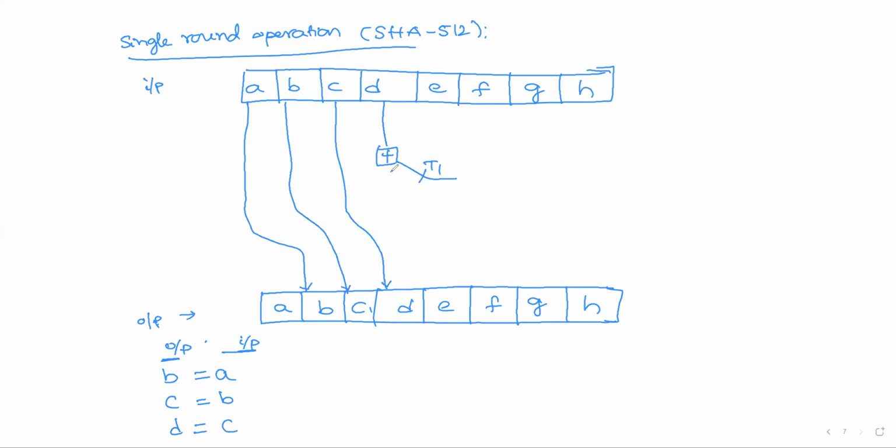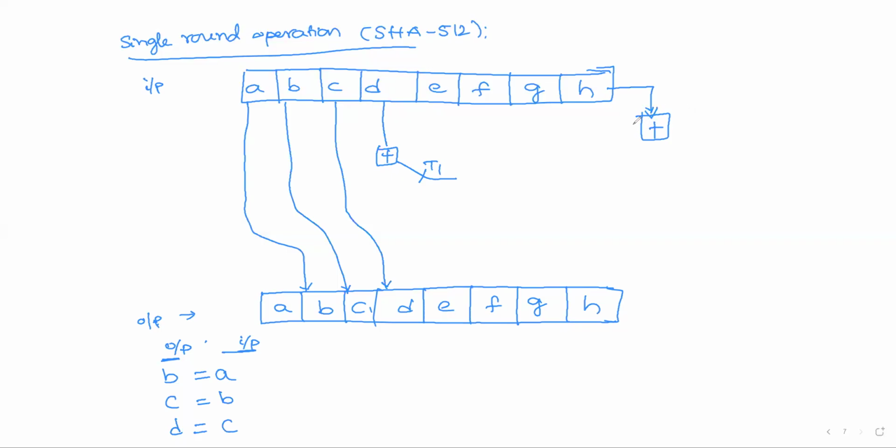How will we get this T1? For getting T1, observe what we are doing. The last buffer of the input, that is H, will be given as input for the addition modulo 2 power 64 operation. So that is one input.